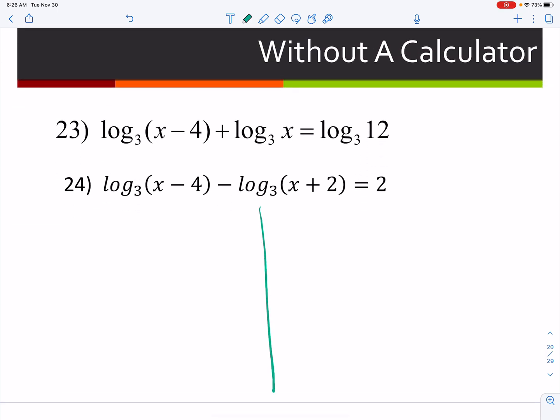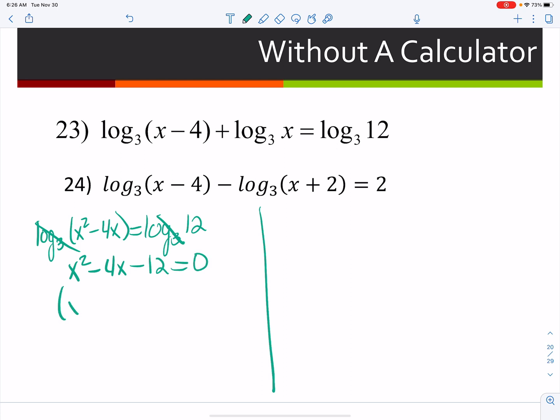So let's look at 23. I would put those together by multiplication. So that's going to be x squared minus 4x equals the log base 3 of 12. Those cancel, and I have an x squared and an x and a number. So I'm gonna have to get them on one side, and I'm gonna hope they factor, which they do, x minus 6 and x plus 2. So one of my answers is 6, one of my answers is a negative 2.